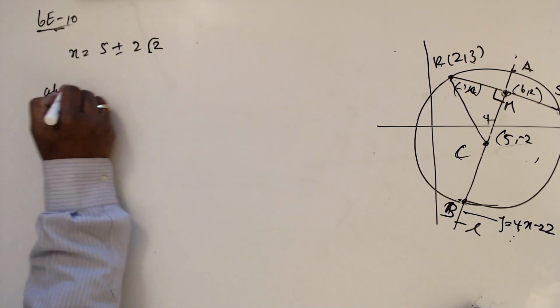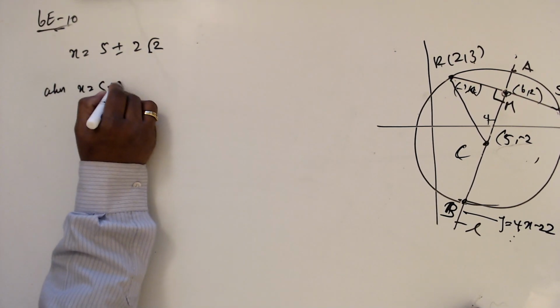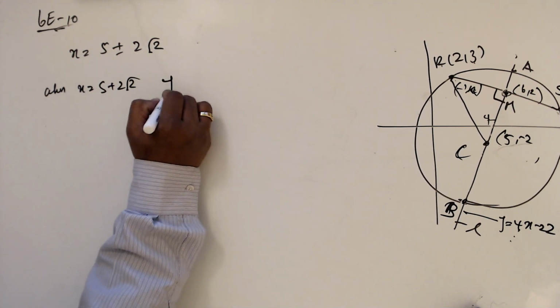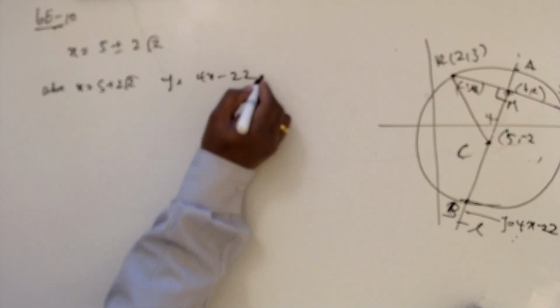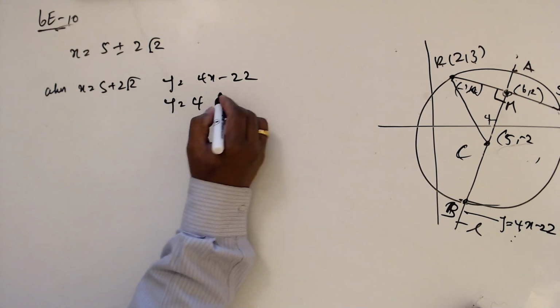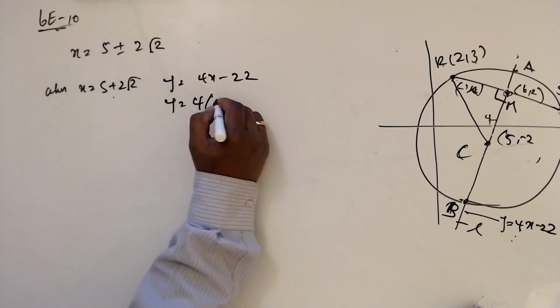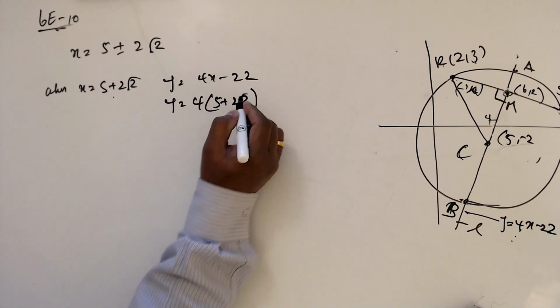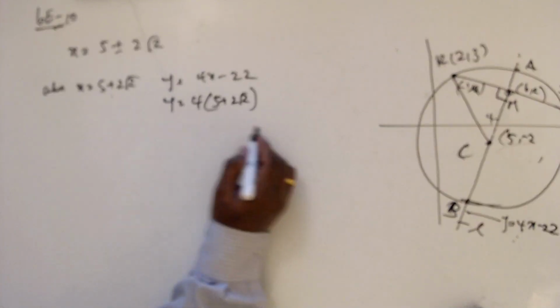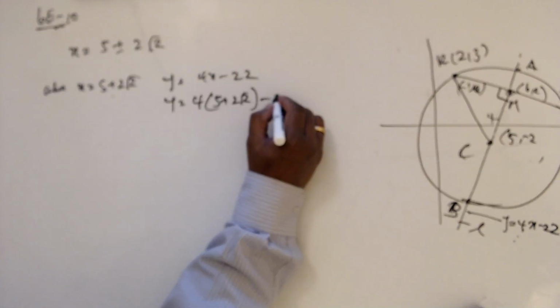Now when x equals 5 plus 2 square root 2, y equals 4x minus 22. So y equals 4 times 5 plus 2 square root 2, minus 22. I am going to find the y value relevant to this one.